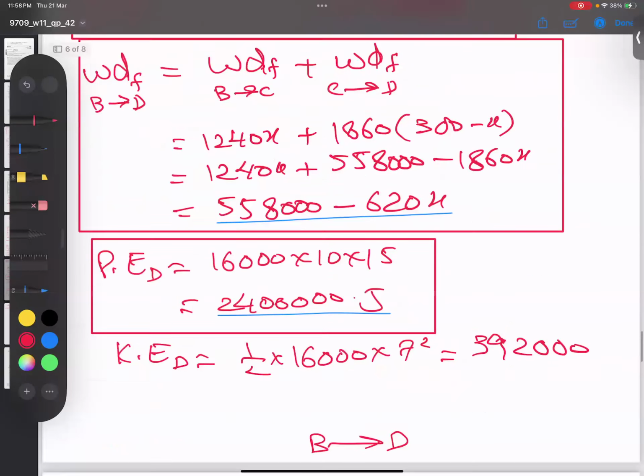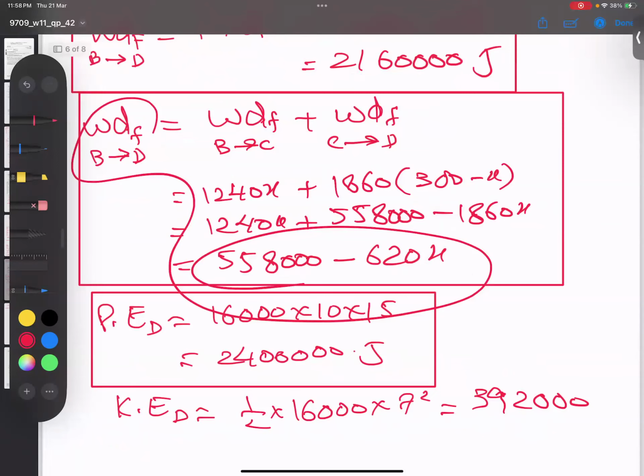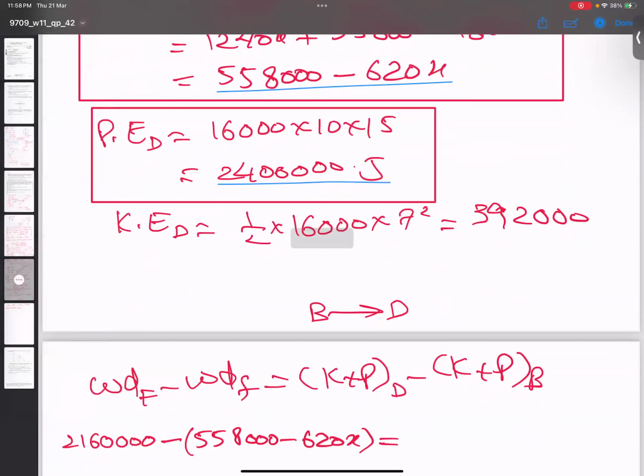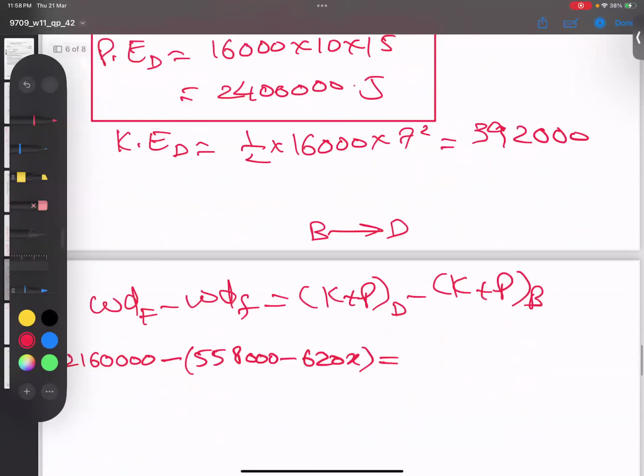Work done by friction force, I just got for the whole journey, I'm copying here with a negative sign: 558,000 minus 620X. The kinetic energy at D I have already, so I'm plugging it here: 392,000. Potential energy at D I have already at the top, so I'm writing here plus 2, 4, and 5 zeros.